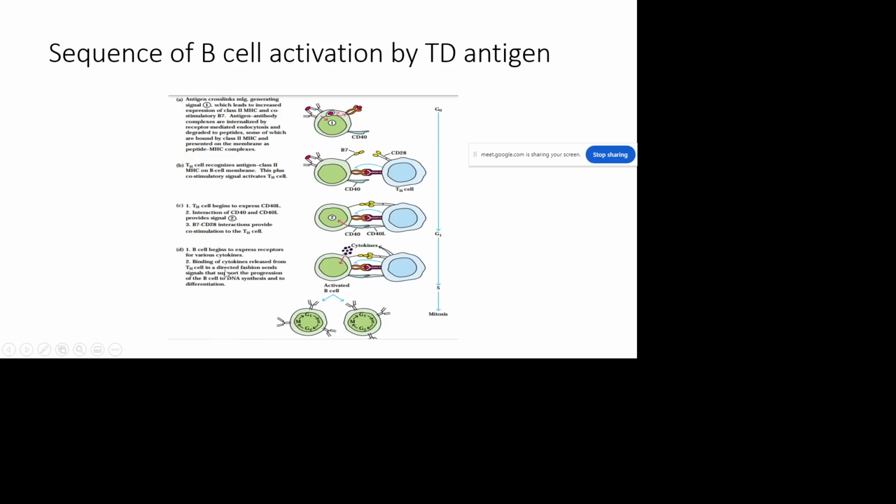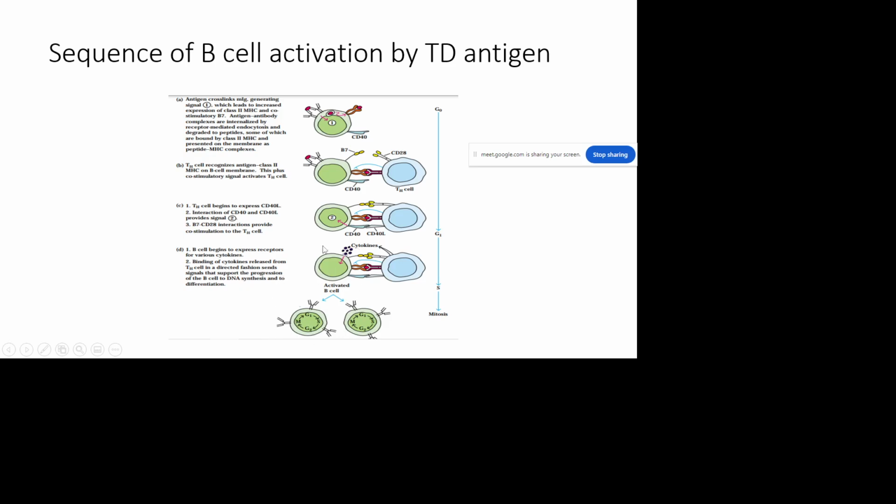Those cytokines which are released from the helper T cell will bind to the B cell, which has the receptor for those cytokines that was just recently expressed. When the B cell senses these cytokines via their receptor, they will support the progression of the B cells to DNA synthesis and to differentiation.